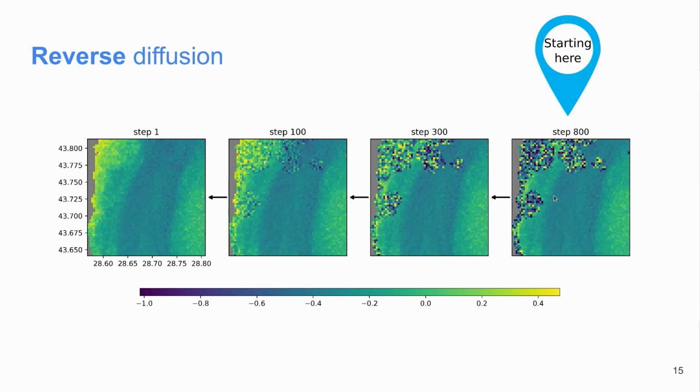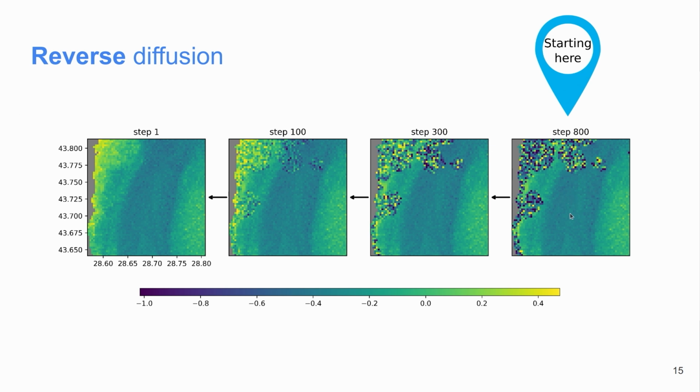When you have your neural network trained, then during inference, you take this image, every cloud is replaced by random noise, and where you have actual data, you say these pixels are totally uncorrupted.